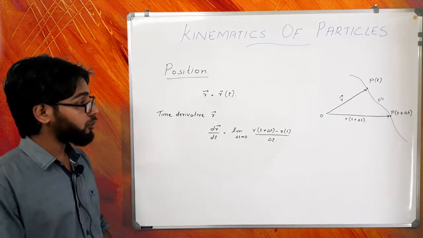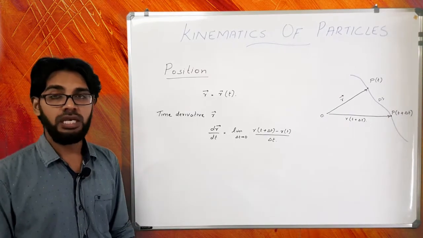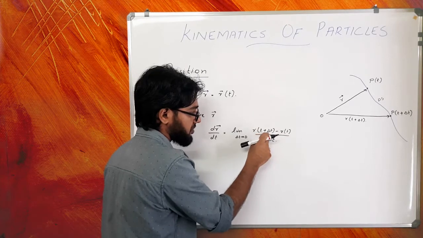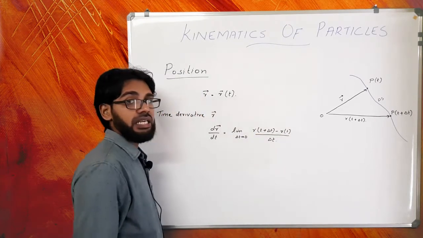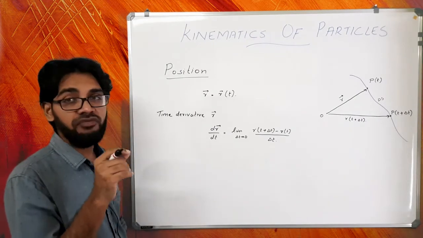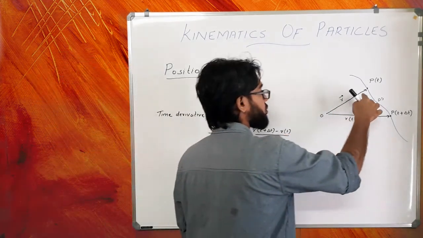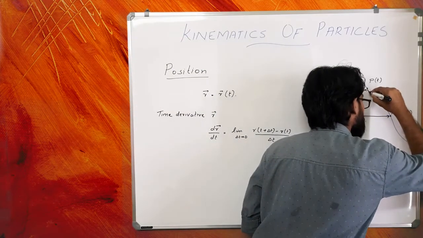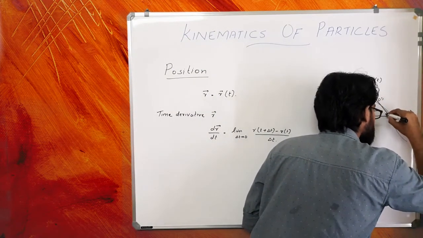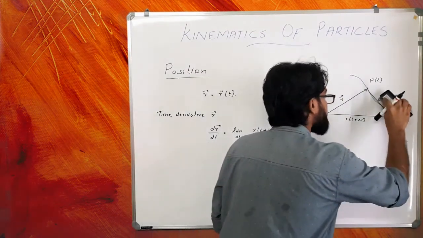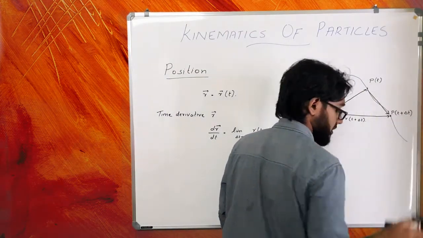Now, if you are familiar with vectors, you must know that the numerator part, r of t plus delta t minus r of t, is actually the vector that connects these 2 points, starting from point P at t. I shall rub this out.